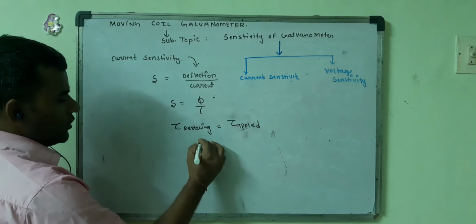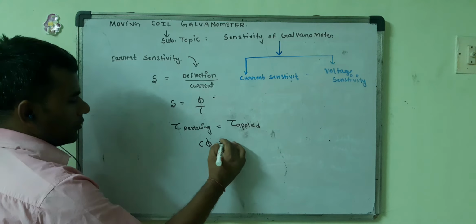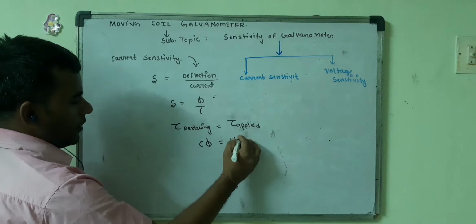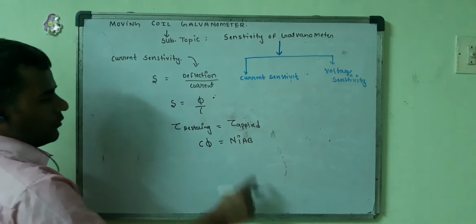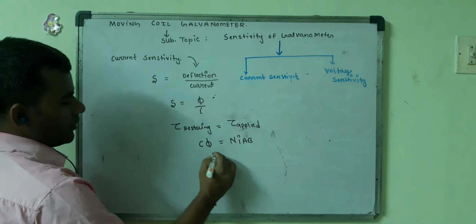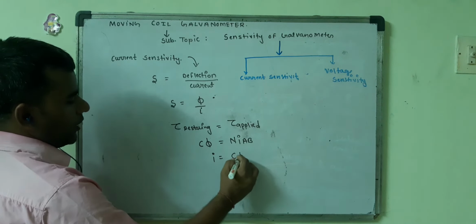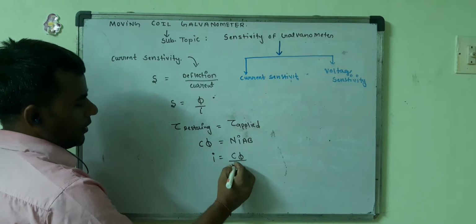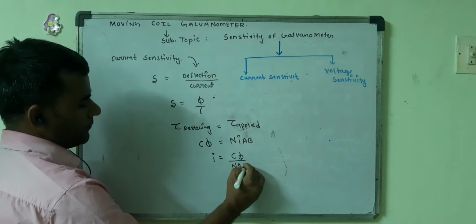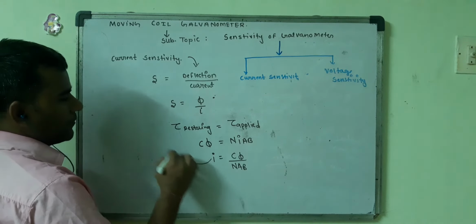So we know C phi equal to N I A B. From here we can find the value of I. So I equal to C phi divided by N A B, and we can put this value here.